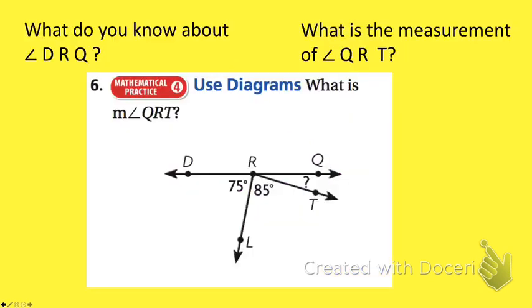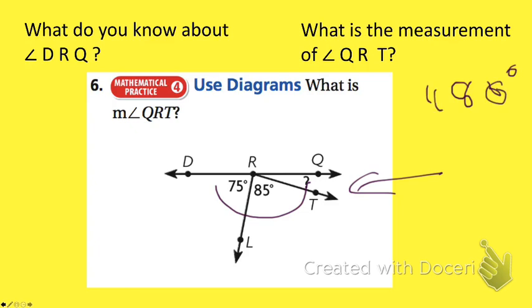One more for us to do today. It says, use the diagram, what is the measurement of angle QRT? Now, if I look at this, QRT has a question mark. What do you know about angle DRQ? Angle DRQ is a straight angle. So now I know that all of this equals 180 degrees.